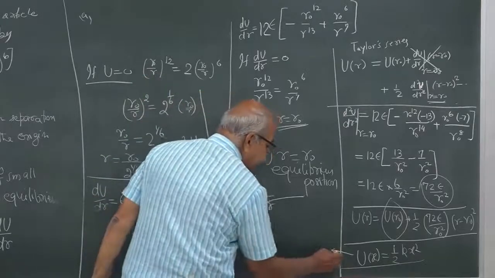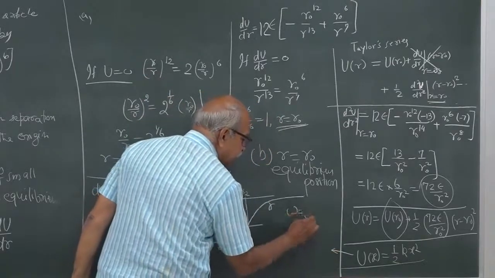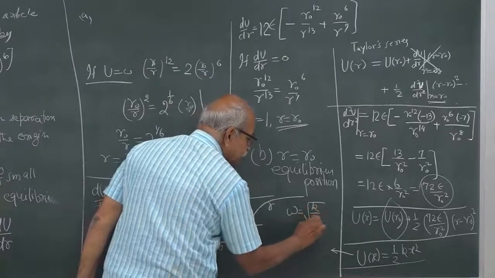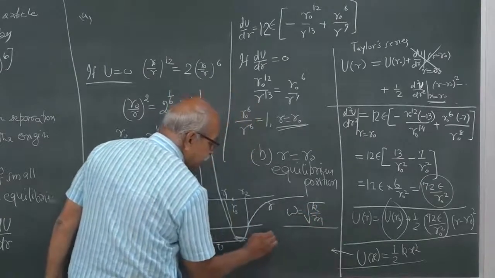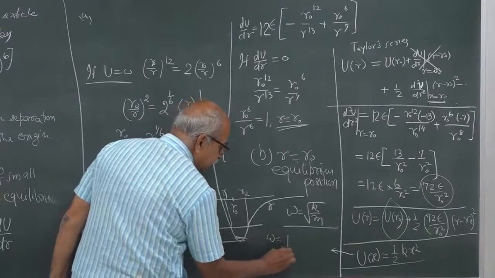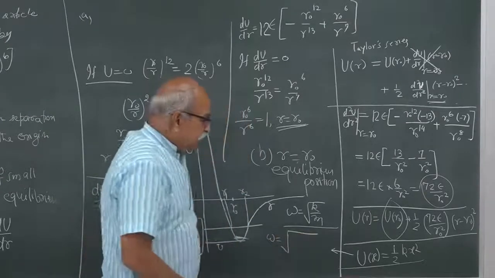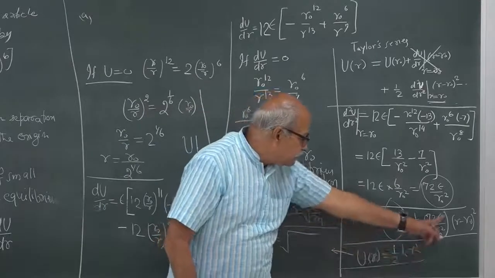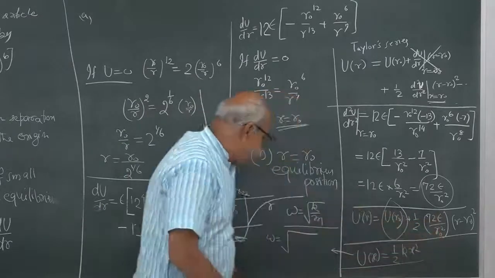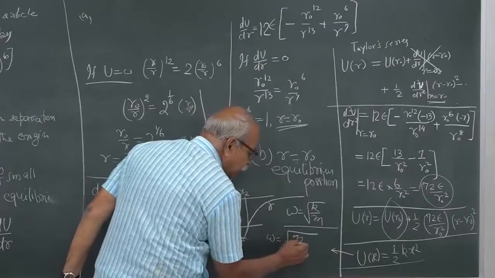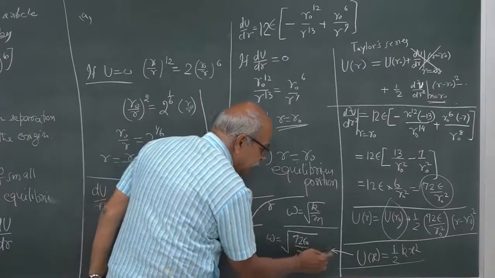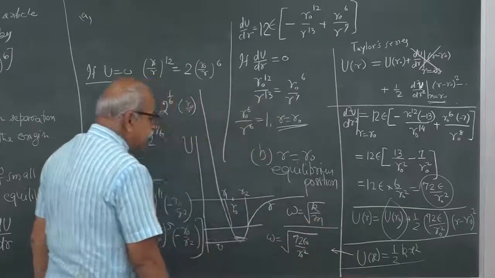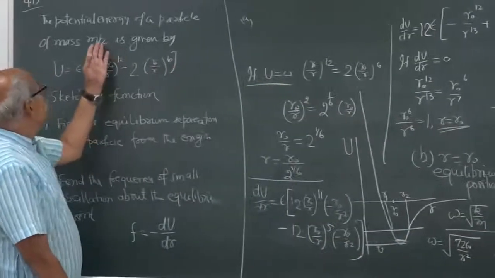So, for SHM you know angular frequency is square root of k by m. So, the same equation here, in our case omega is equal to square root of k. In place of k, I have 72 epsilon naught by r naught square, divided by m, and mass of the particle here is m by 2.